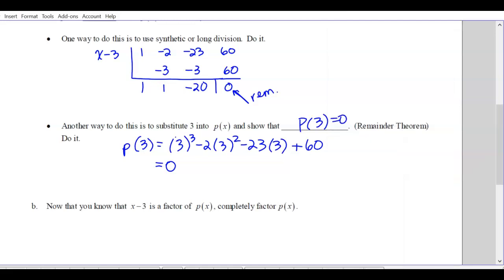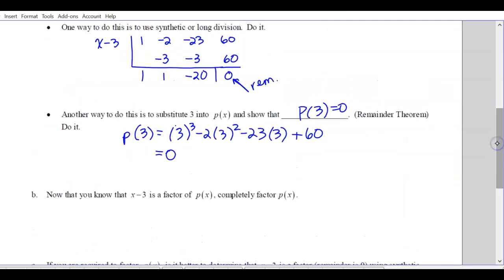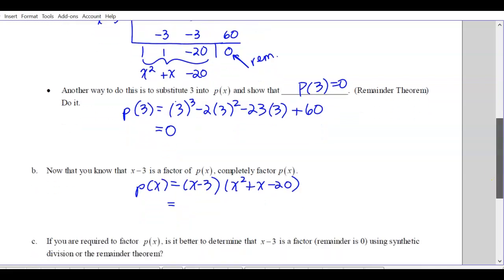Okay, so now that you know that x minus 3 is a factor of p of x, completely factor it. So we go back up to the synthetic division. So p of x is equal to x minus 3, and then from here, we know that this represents x squared plus x minus 20. So x squared plus x minus 20. And now you can factor that trinomial. It's factorable.